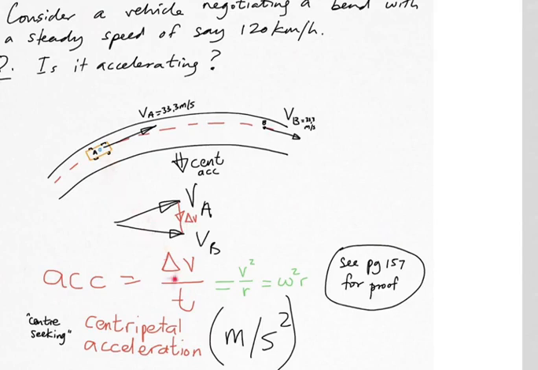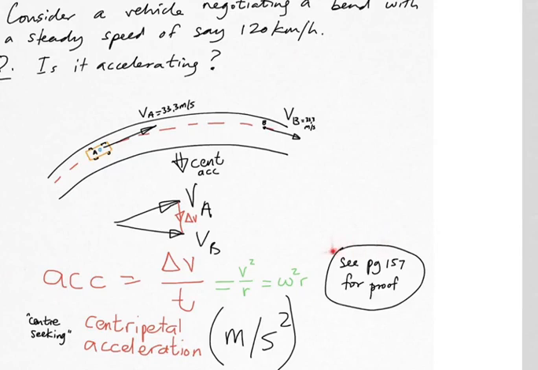If you could have an imaginary arm that is always connected to the vehicle, going back to the center point, that arm would effectively be rotating clockwise. If you had the speed of rotation of that arm in radians per second, you could use omega squared r to find this value of centripetal acceleration. The units, by the way, are meters per second squared, just like we are accustomed to with linear acceleration.